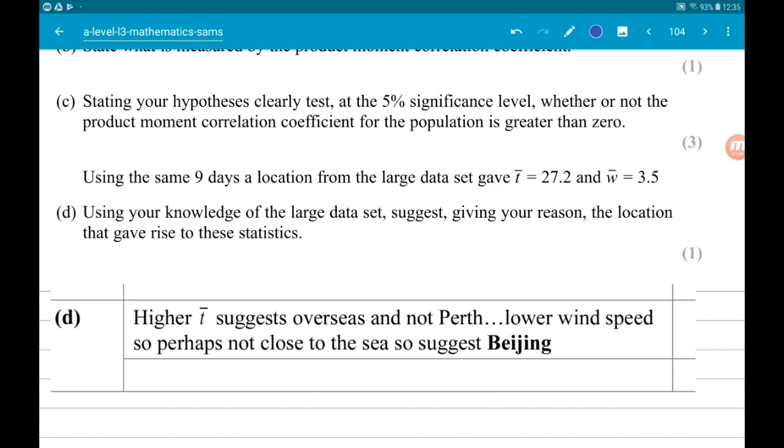I live right by the sea, can confirm we get quite strong winds, so that makes sense too. So the people that used this large data set would hopefully have been well versed in the countries that are in it and whereabouts they are, so that would have led them to Beijing. As I say though, this won't be your large data set, so don't dwell on it too much.